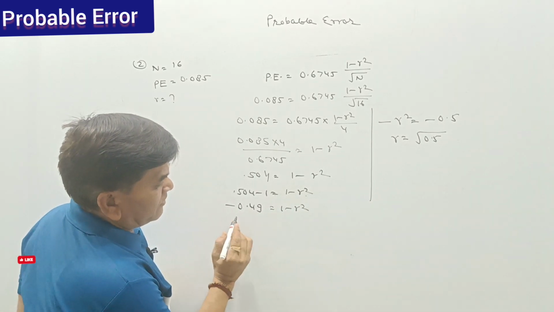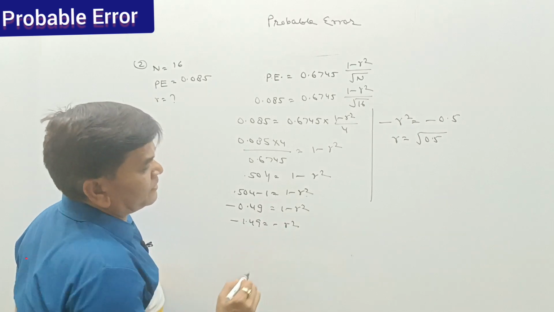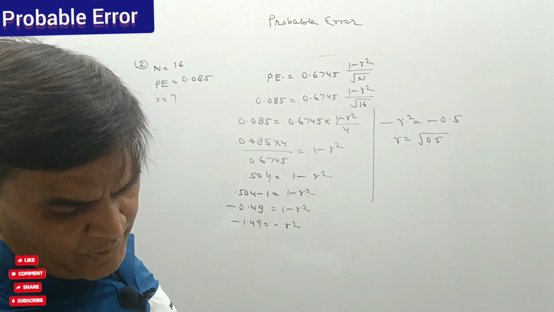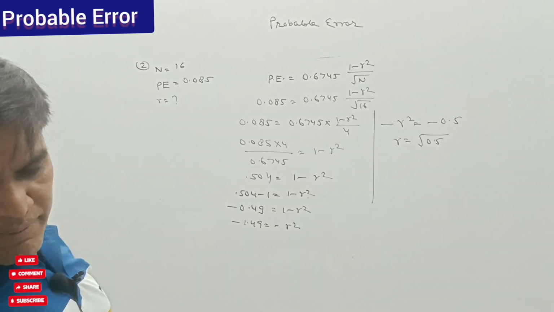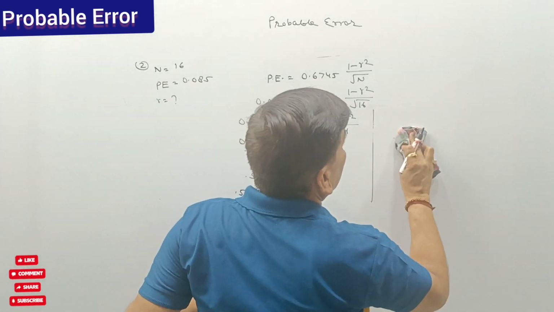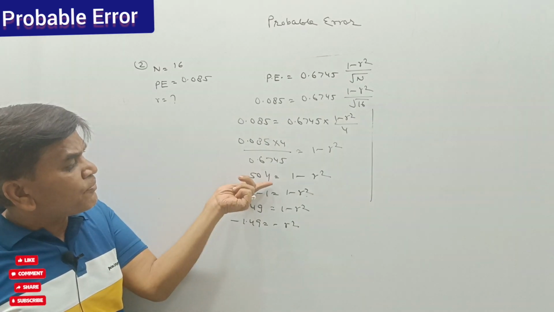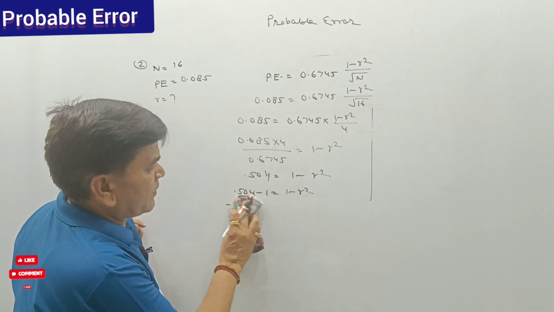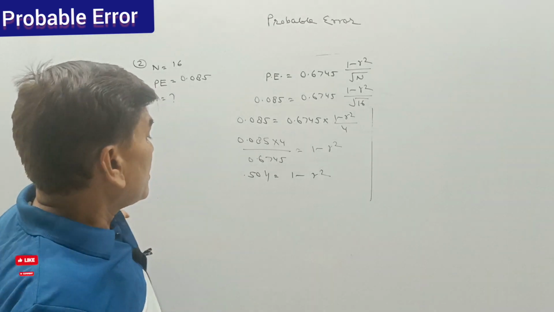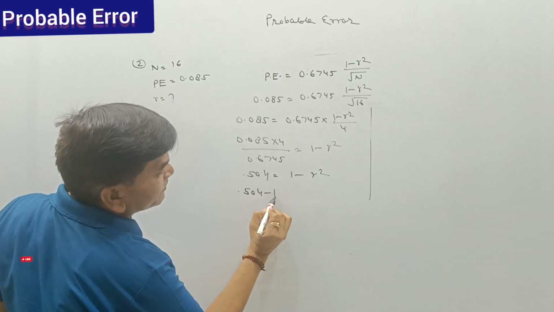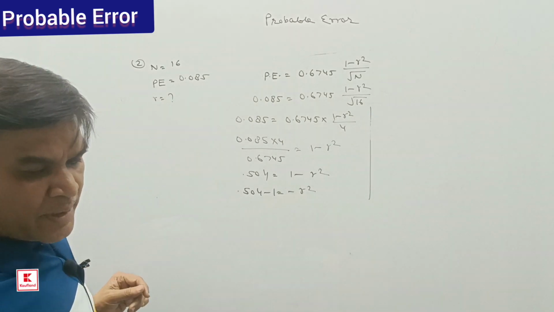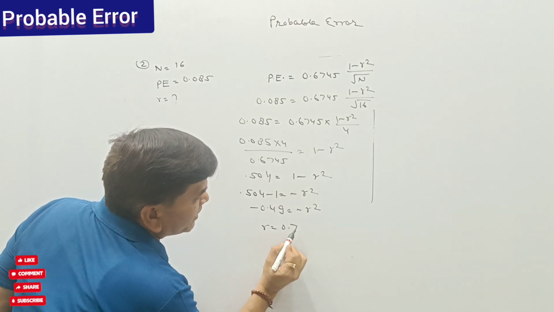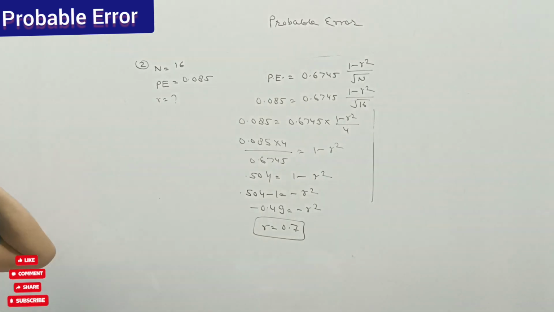Then 0.504 minus 1 is minus r square, so minus 0.49 is minus r square. So the value of r is equal to 0.7, since 7 times 7 is 49.